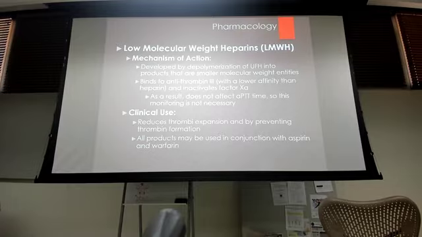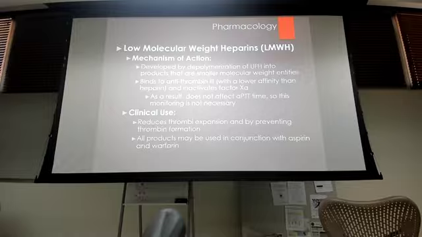So now we're talking about low molecular weight heparins, just another version, which obviously by the name has a lower molecular weight than heparin. It's derived directly from heparin, but it's manufactured to have a lower molecular weight. This primarily inhibits factor Xa.